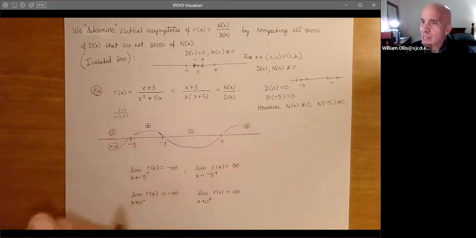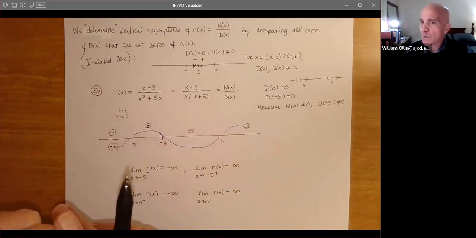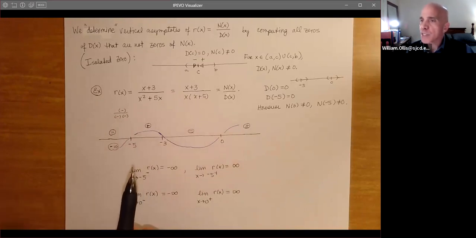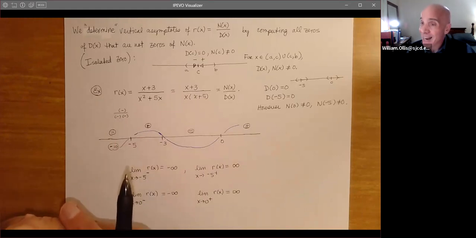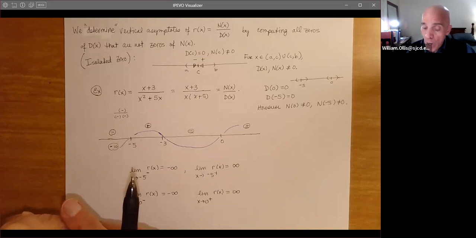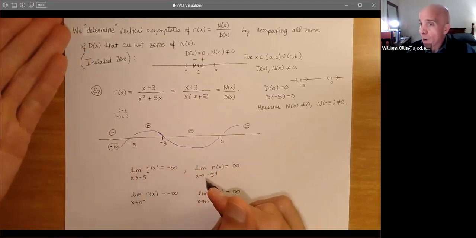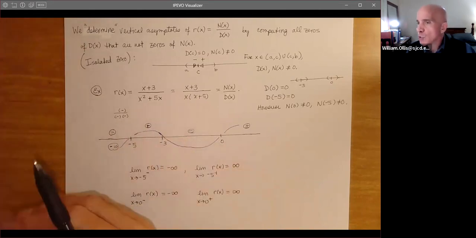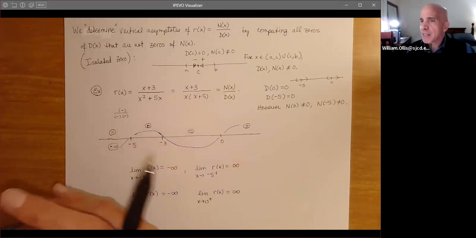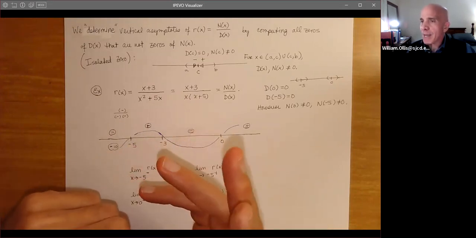Okay, so vertical asymptotes, again, for a rational function, they're zeros of the denominator that aren't zeros of the numerator. That means they're isolated. And so when you're just doing a basic problem to identify vertical asymptotes, approach it that way, just like you're doing a domain example. Most times students say, well, I'm getting the same answer as I would for the domain.